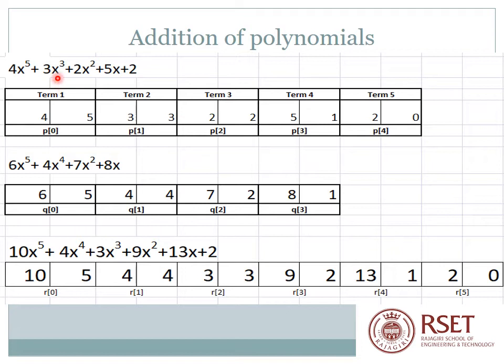So the second term is 3x cubed and 4x raised to 4. So when you compare the exponents 3 and 4, they do not match. So you cannot add the coefficients. That means, since you have to maintain the descending order of exponent, you will be copying the term having the highest exponent.